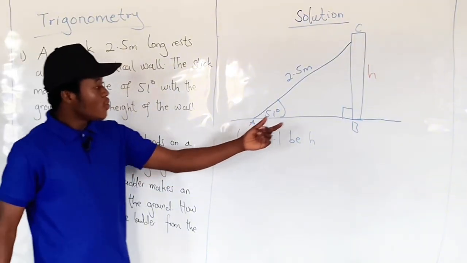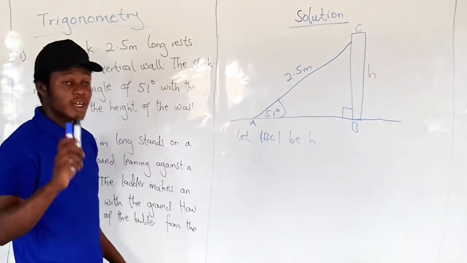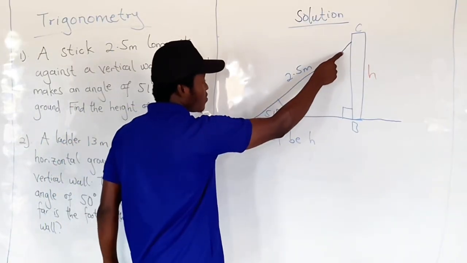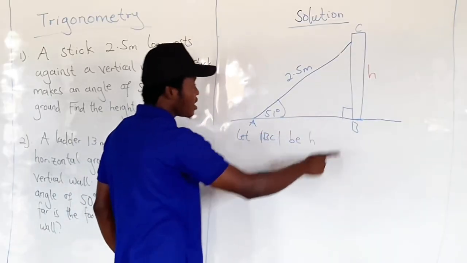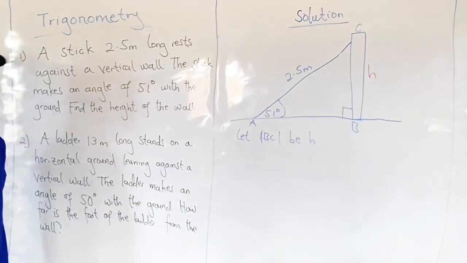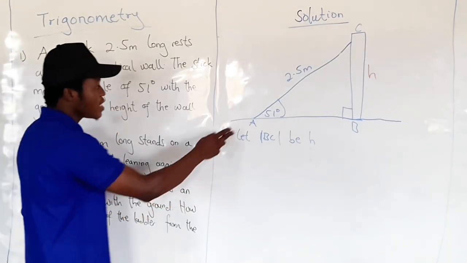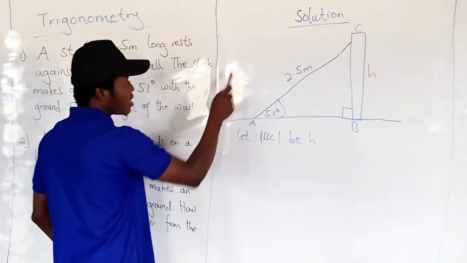We are looking for h, and we have the 2.5 meter long stake here. Remember, 2.5 on the stake is directly opposite to the right angle. So the side 2.5 on the stake becomes the hypotenuse of our right angle triangle. We go ahead to label 2.5 meters as our hypotenuse.